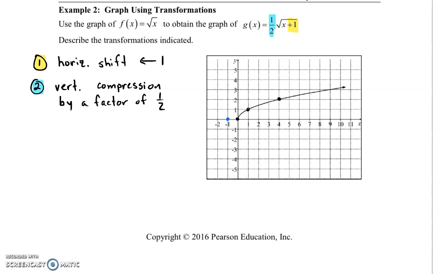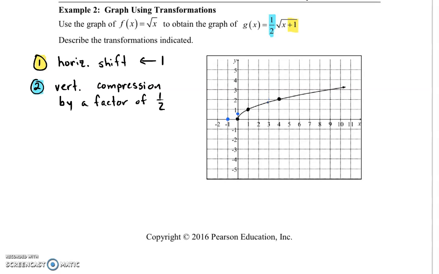If we take (1, 1), we move it left 1, and then we cut the y value in half. So the y value was 1, now it's going to be 1/2. If we do (4, 2), we move it left 1. Our y value is 2.